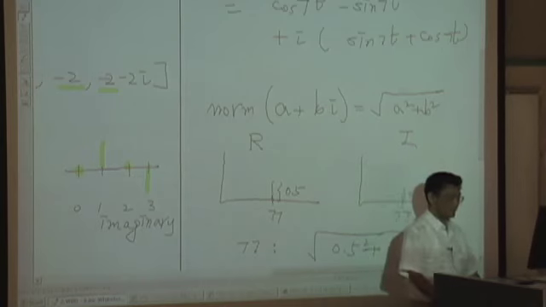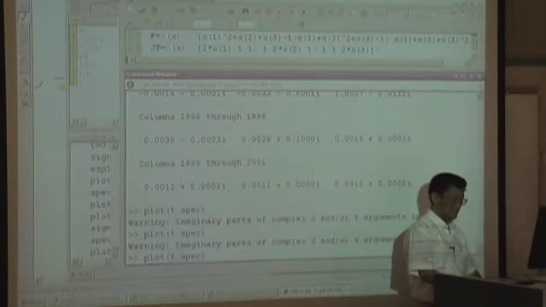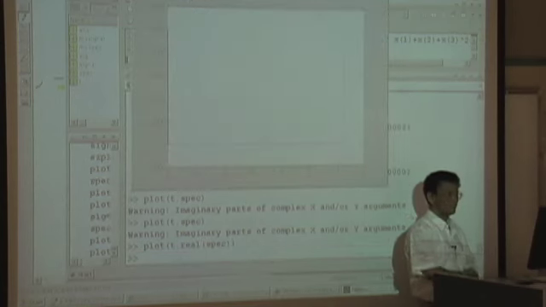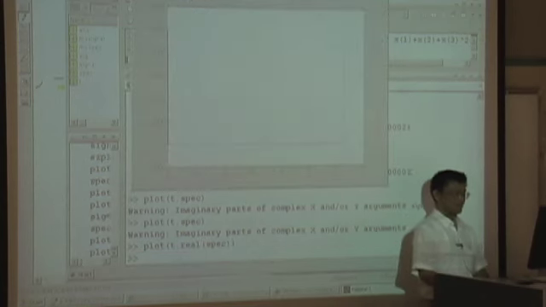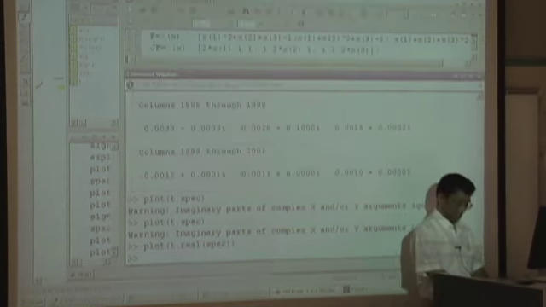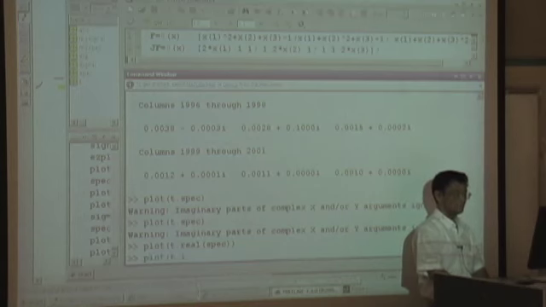So let's return and then plot this thing with real, right? And then imaginary spectrum, right?